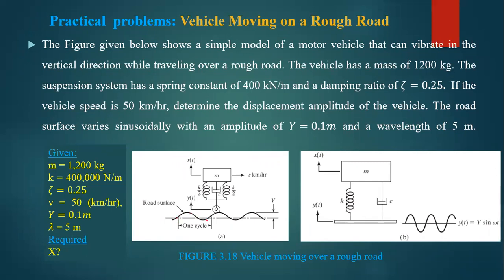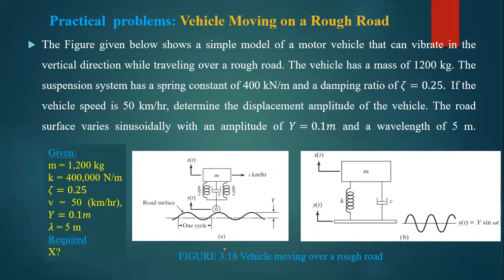Look, this is a rough road having a sinusoidal profile, a sine profiled rough road. This is the car suspension system, and the car is moving with some velocity v, having a suspension system with stiffness k and damper c.